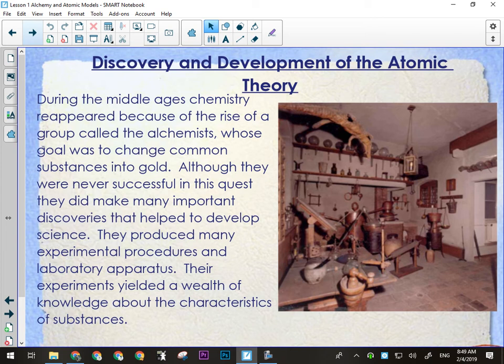They certainly didn't share results, because they didn't want anyone to use something they discovered and get rich off of it before they could. Okay, it was very secretive, and as a result, even though now we look back on it and we say, okay, well, they discovered some valuable things, that wasn't discovered until much later, because they wouldn't communicate those results. So while they did some rudimentary discovering, okay, they didn't contribute a whole heck of a lot to the science of chemistry.